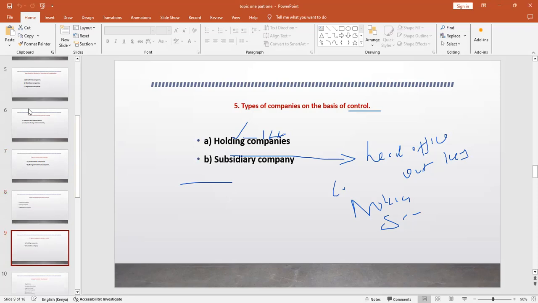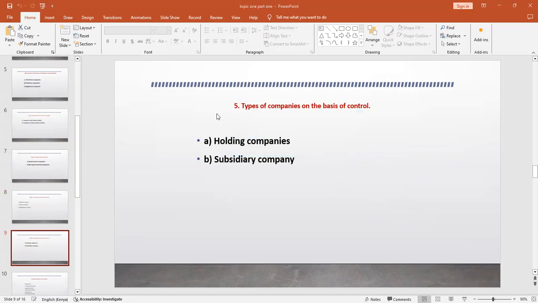We look at subsidiaries. Oh, yeah. Are you guys still there? And you guys have gone to eat supper. So we have holding and subsidiary companies. What is the difference? Anybody? What is a holding company and what is a subsidiary company? The way you understand it.